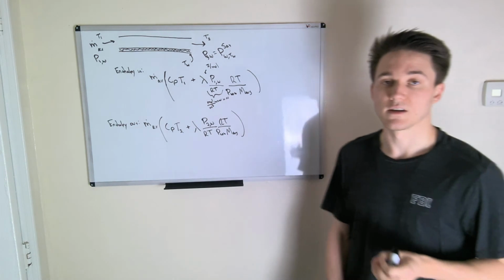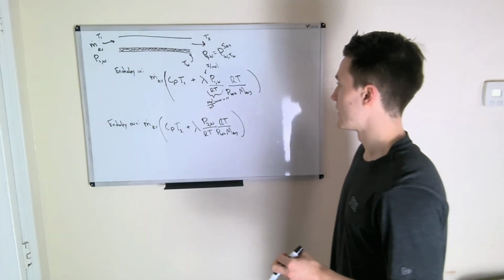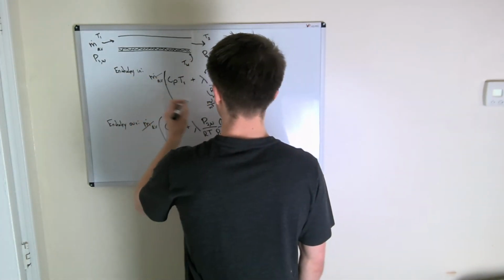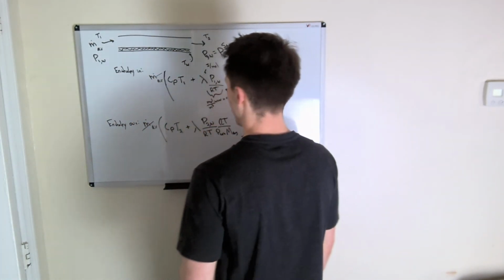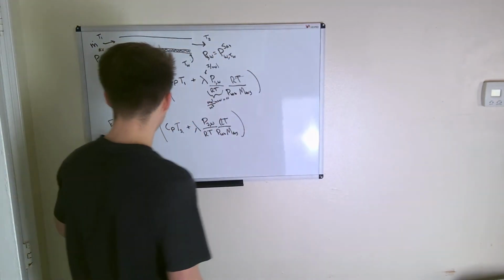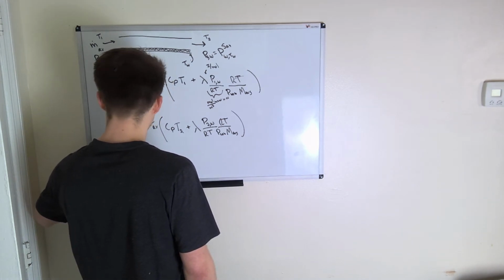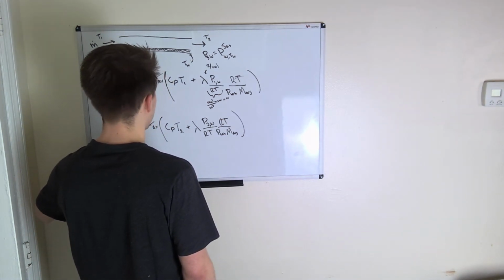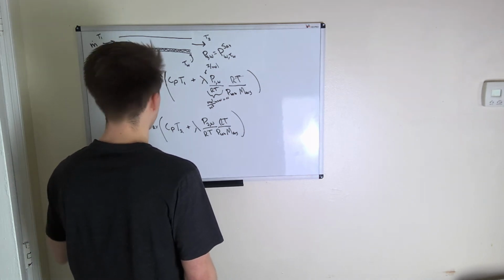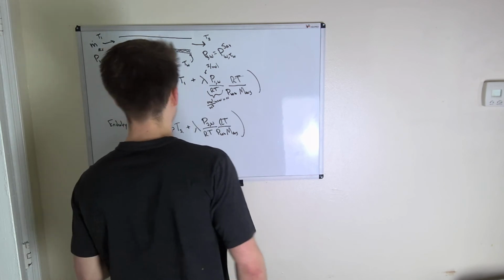So next we set these two values equal to one another. And so that allows us to cancel out our mass flow rate of air and the RT, and leaves us with our specific heat times T1. Oh, and yep, times T1.